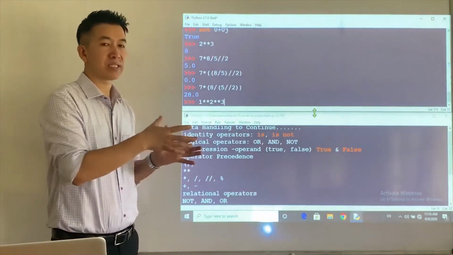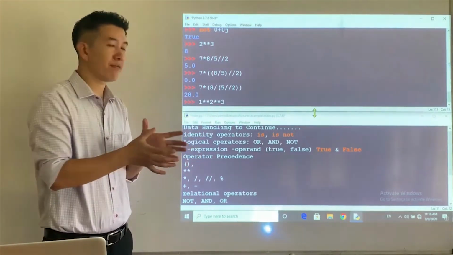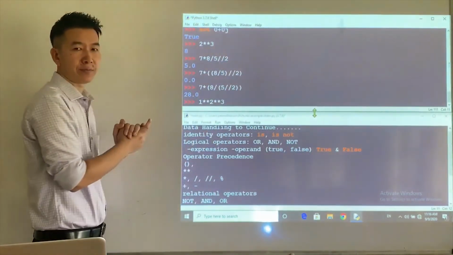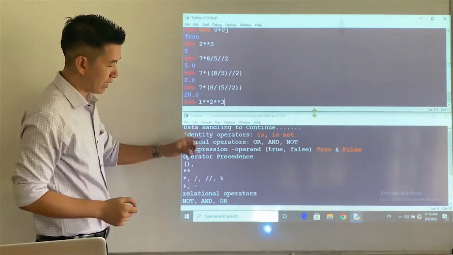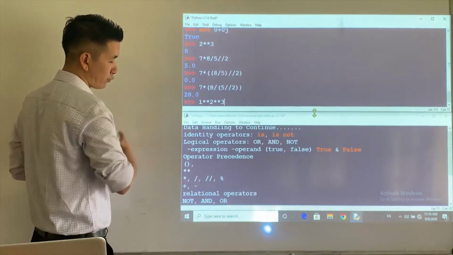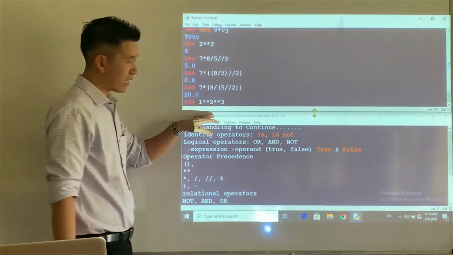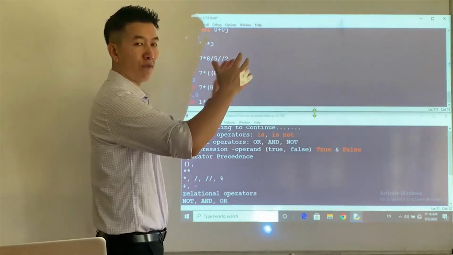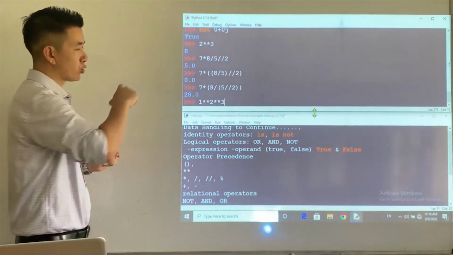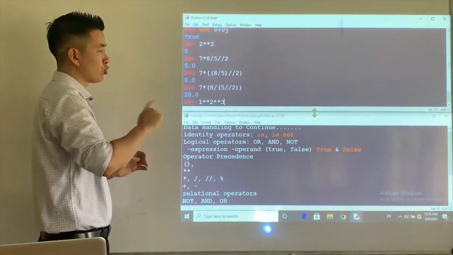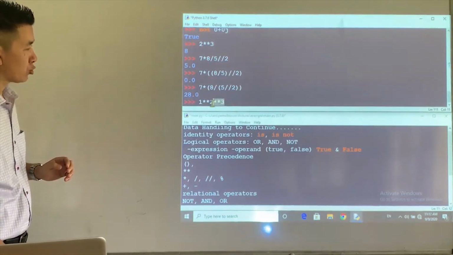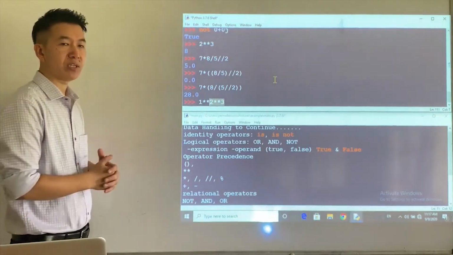Whenever you have 2 exponentiation operators, the associativity will run from right to left, unlike the earlier operators where the associativity runs from left to right. Should 1 raised to 2 be evaluated first, or 2 raised to 3? Moving from right to left, this one has to be evaluated first.